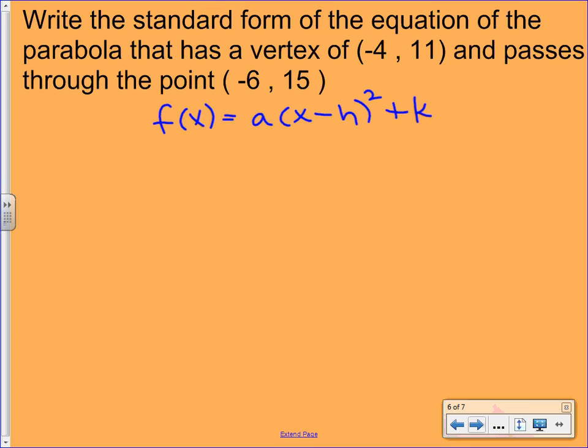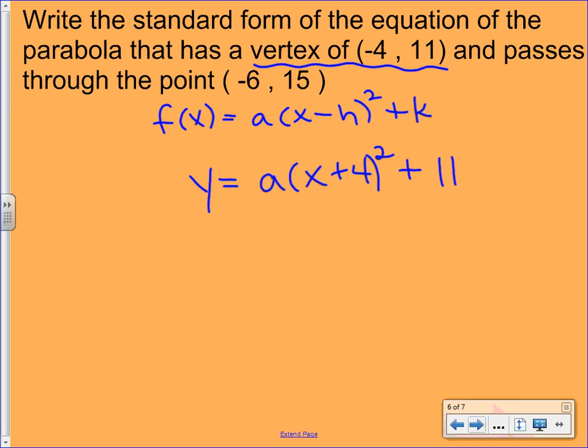We know h and k because that's the vertex. Okay, they gave us the vertex, so we know what h and k are, correct? So for right now, I'm going to go ahead and write this as a y. We know y equals a times x plus 4, very good, squared, and then plus 11.